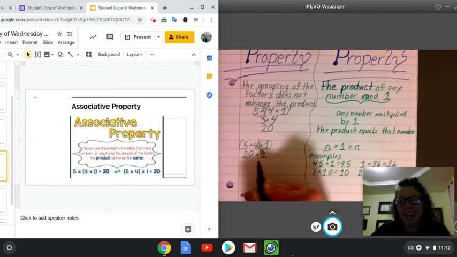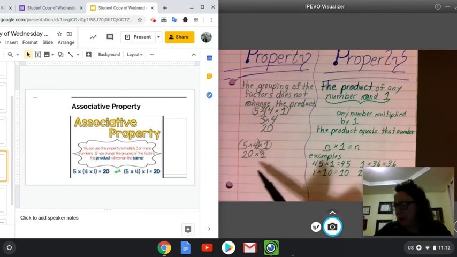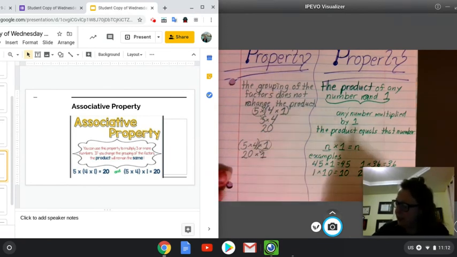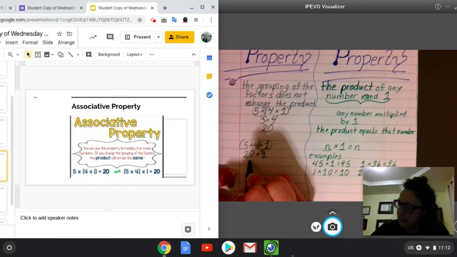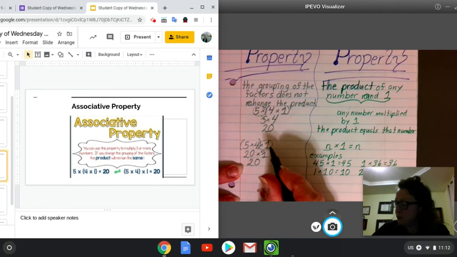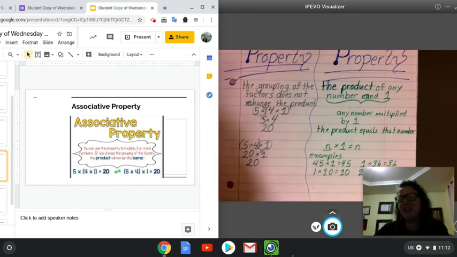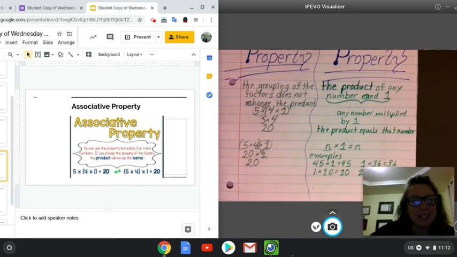Well, then I'm back to the identity property, and that's really easy. So 20 times 1, any number times 1 is that number. So 20 times 1 equals 20. The product stays the same, but I just figured it out in a different way. That's what the associative property really means.